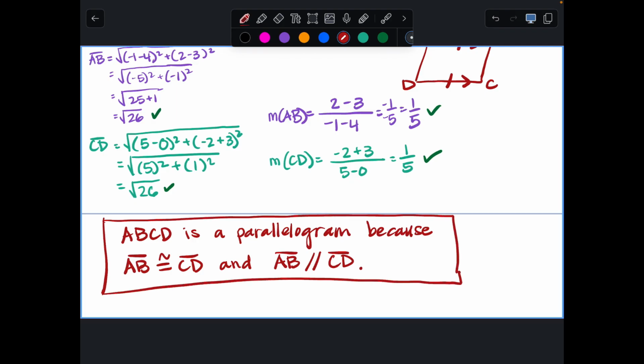You have to show your work, but this is the answer to your proof. So that's what you're doing on today's practice.